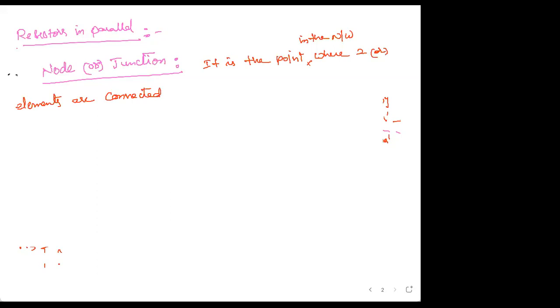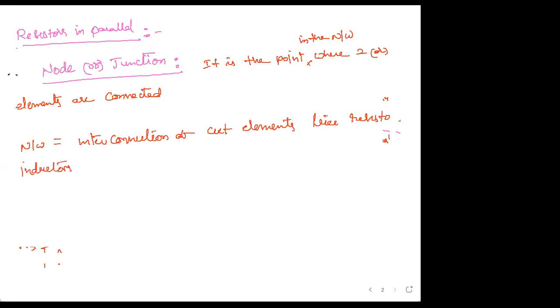What do you mean by network? A network or circuit is an interconnection of circuit elements like resistors, inductors, capacitors, cells, diodes, transistors, etc. Cell means a battery or a source, right?